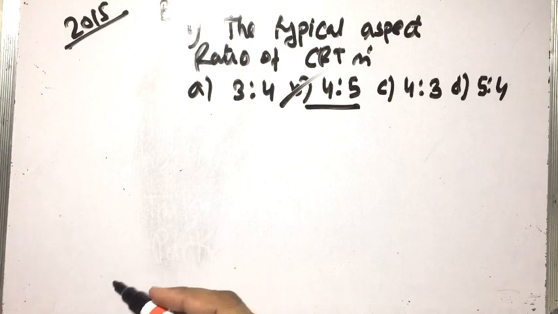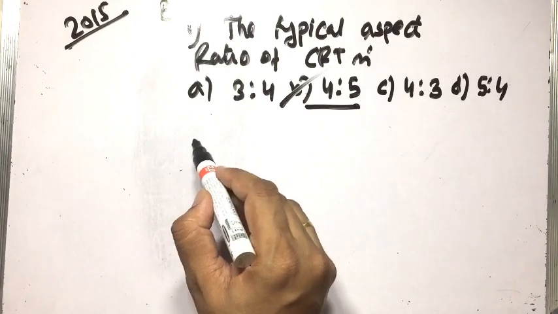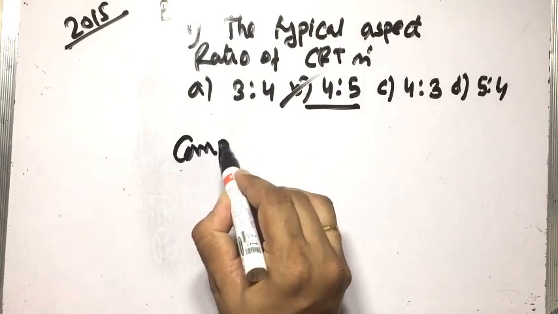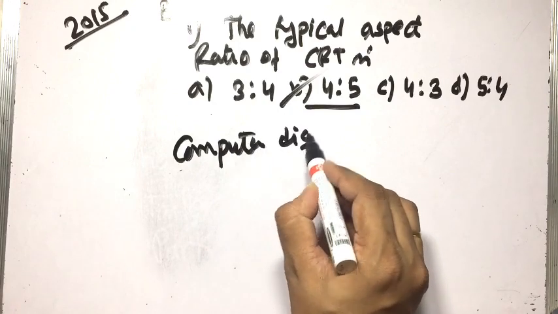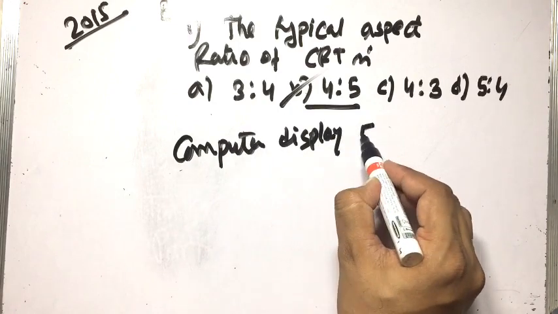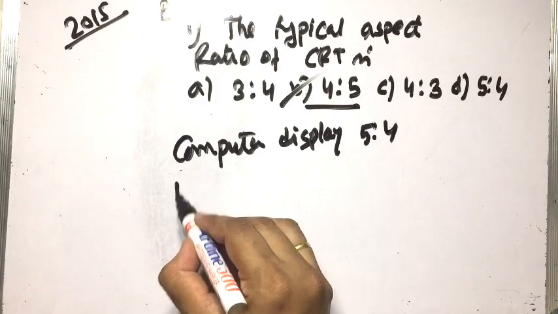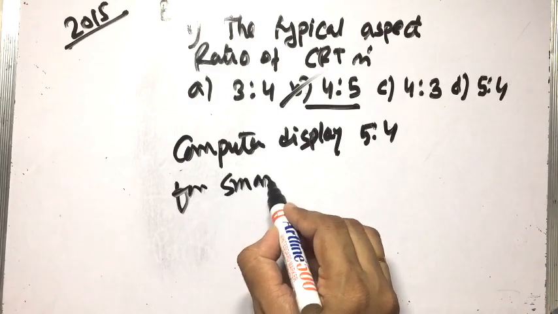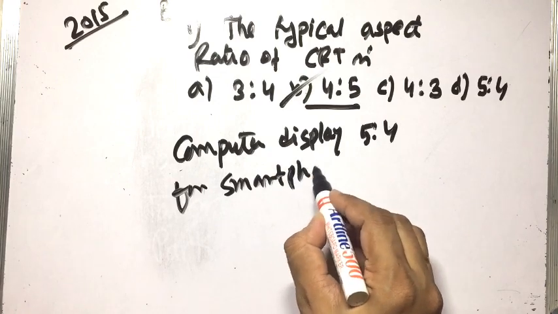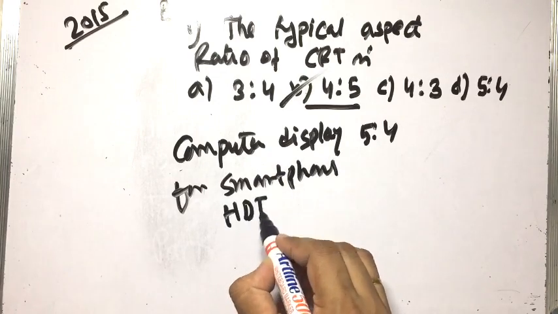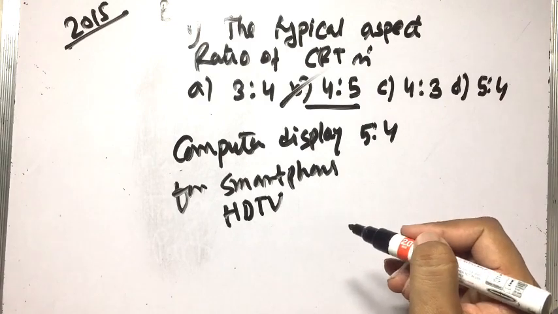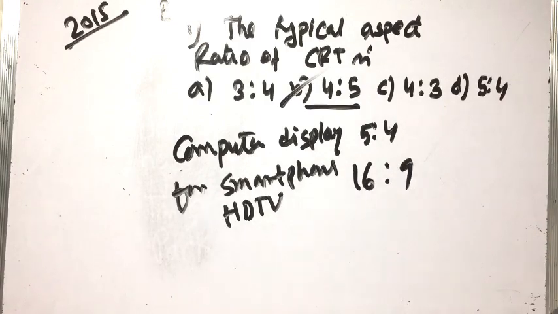There are different aspect ratios for different displays. For computer display, this is 5:4. For HD TV, that is widescreen TV, this is 16:9. There are different aspect ratios depending on the different devices.